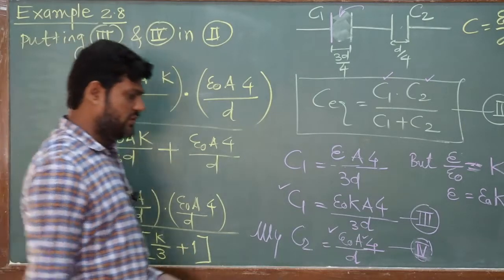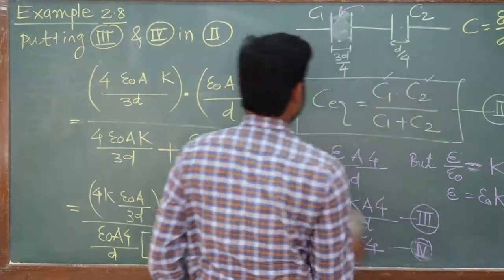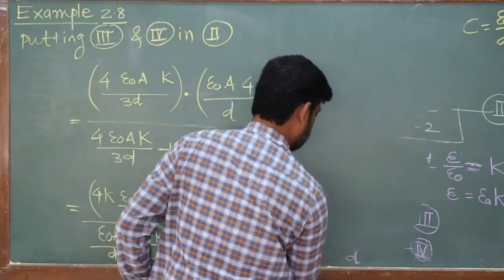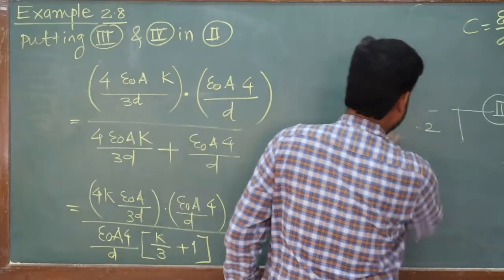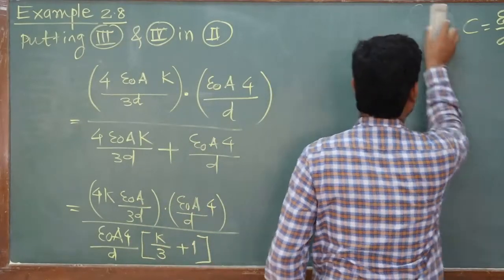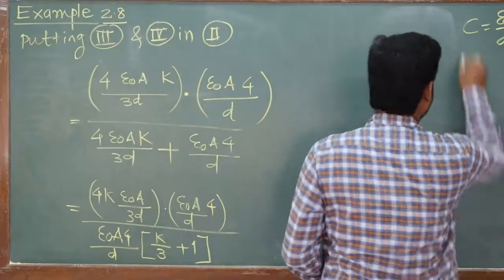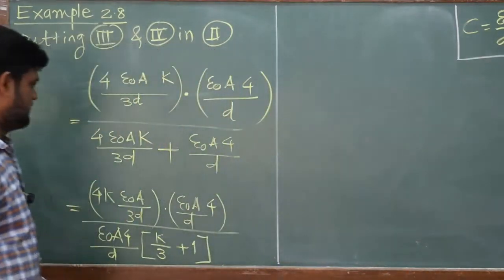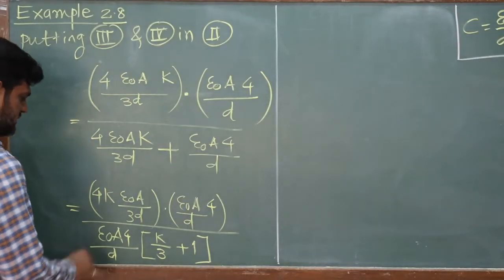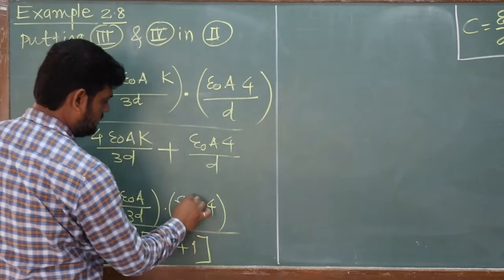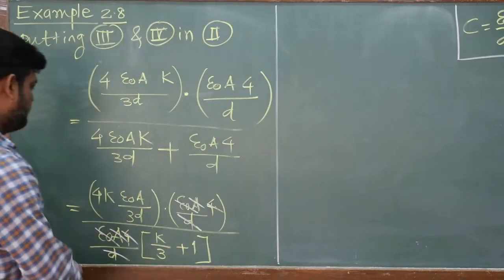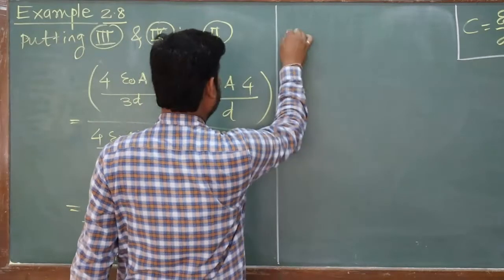So erasing the board. See, what terms? Epsilon 0 A4, epsilon 0 A4 D get cancelled. Which term remains over here?